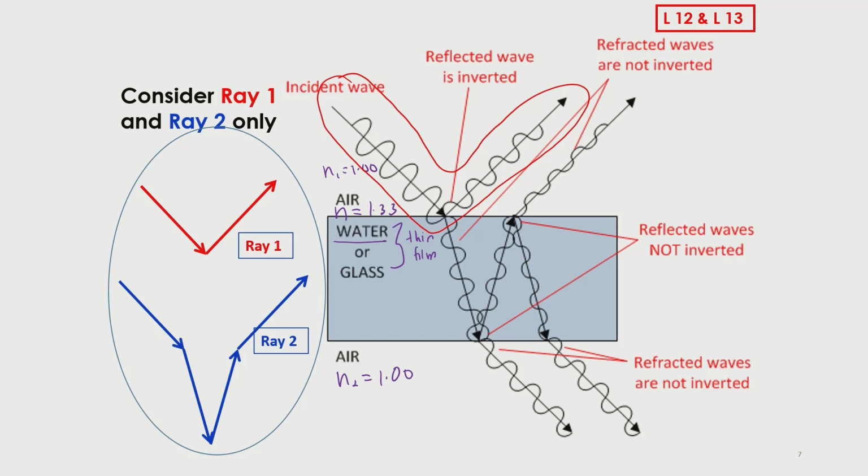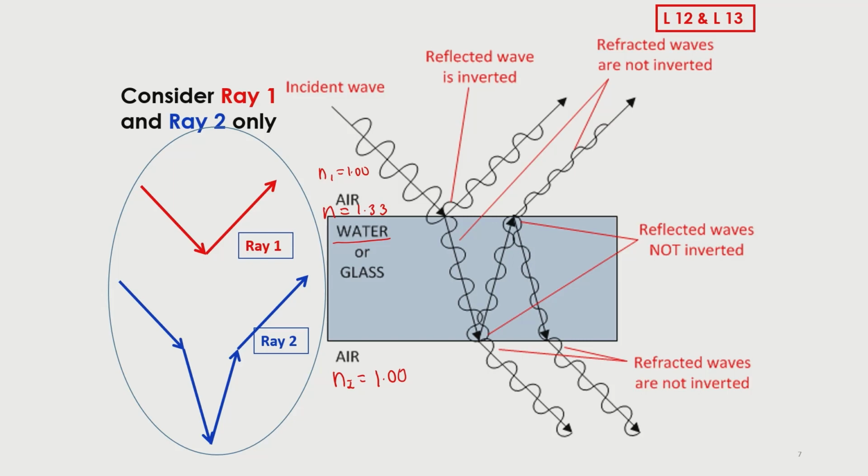As you can see, the index of refraction increases because n1 is 1 and the thin film is 1.33. Now we can see that the refractive index of the thin film is higher than the refractive index of medium 1. That's why ray 1 undergoes phase change.